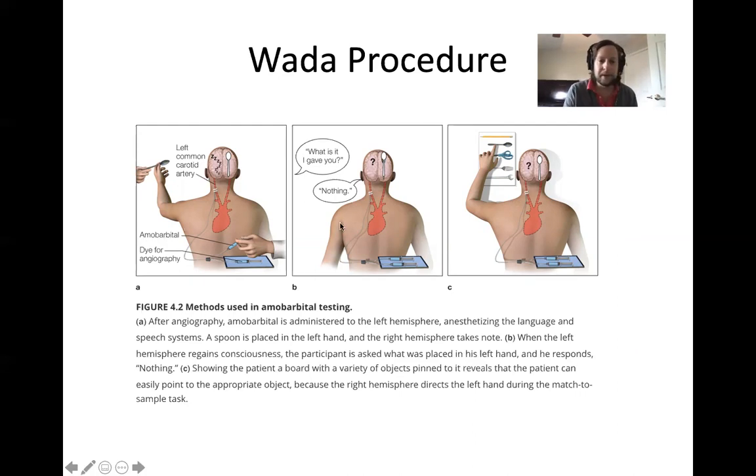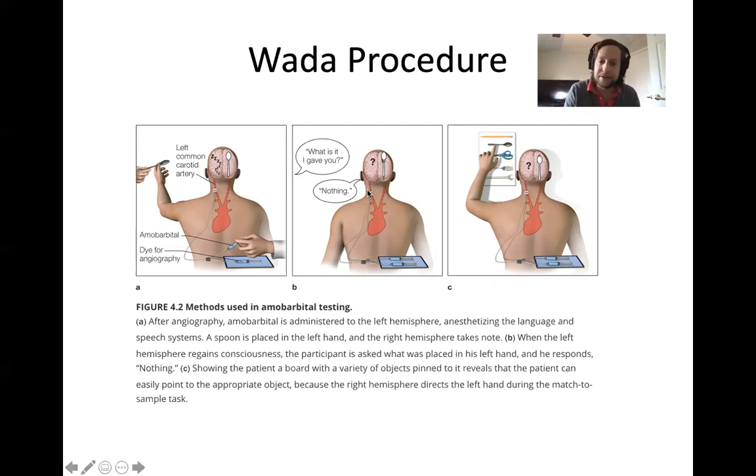I don't completely understand the exact dynamics of this or exactly how the arteries work in this part of the brain, but the basic idea is that there's two primary arteries, one that goes to the left hemisphere and one that goes to the right hemisphere of the brain. And this Wada procedure can disrupt activity to exactly one half of the brain.